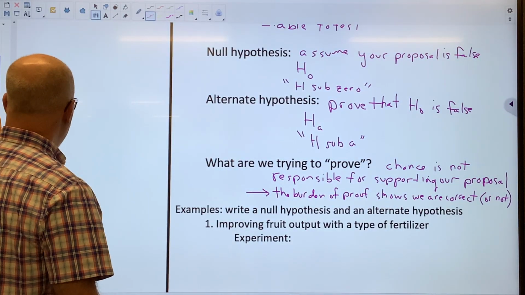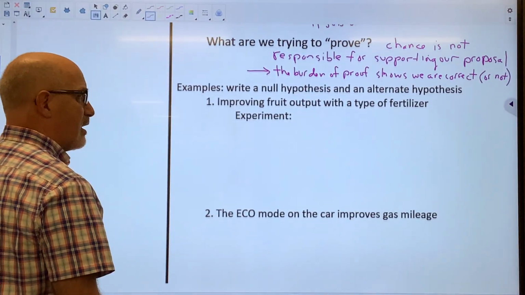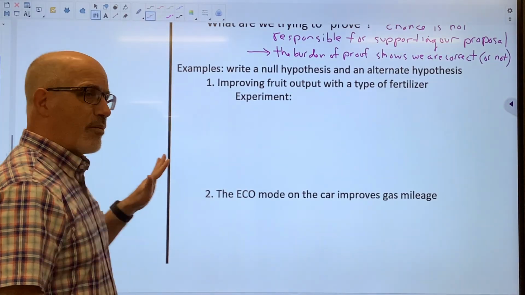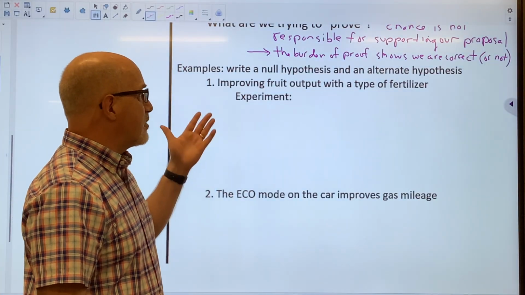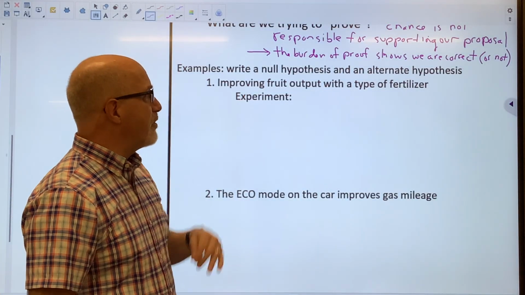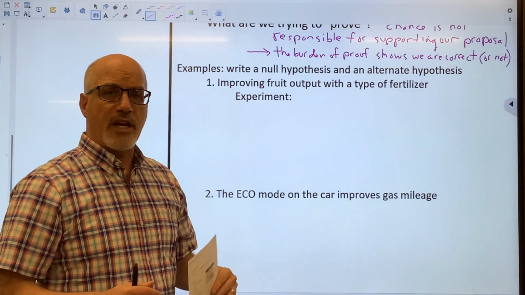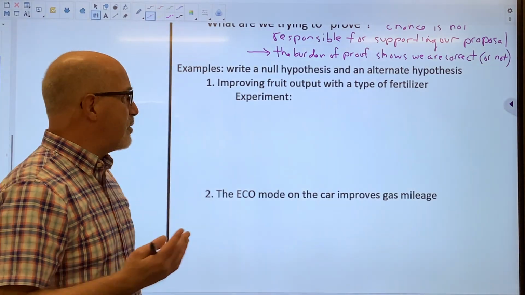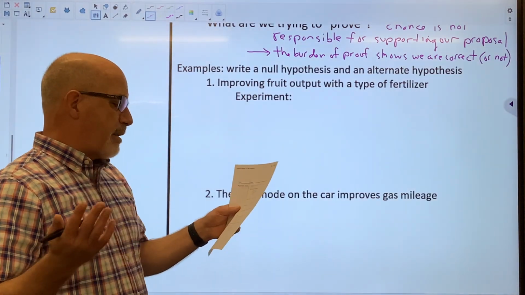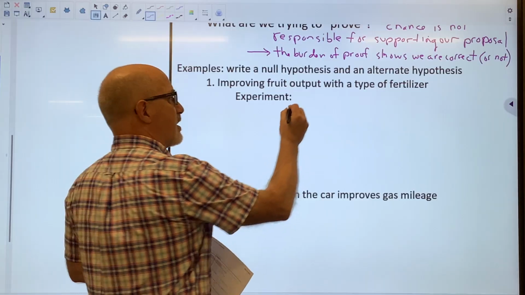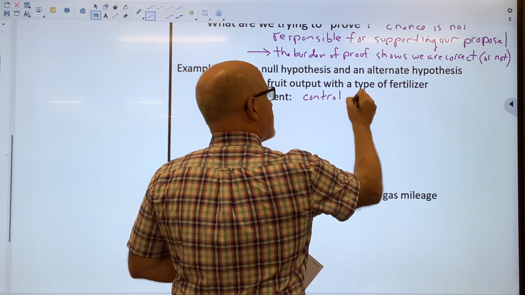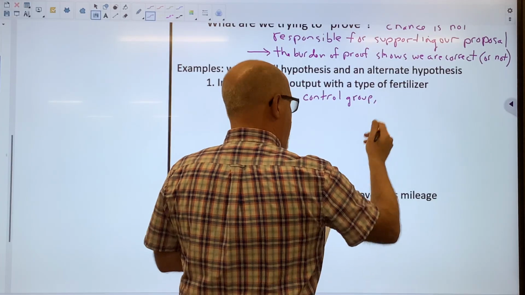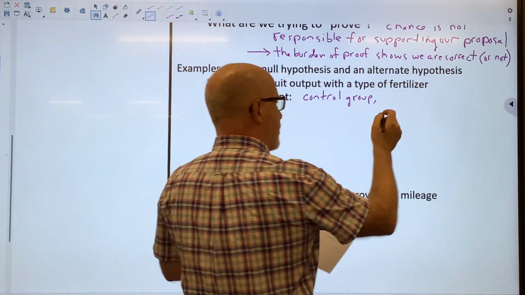So let's take a look at what this means in terms of some actual examples. We're just going to write the null hypothesis and the alternative hypothesis. An example here: improving fruit output with a type of fertilizer. We'll set up an experiment, so we'd have, for instance, a control group, and then we'd have an experiment group.